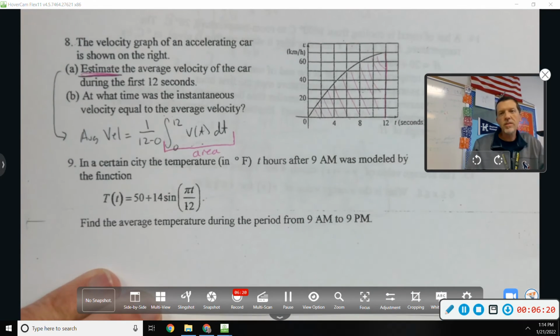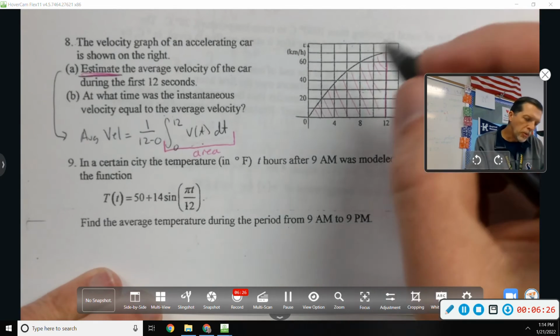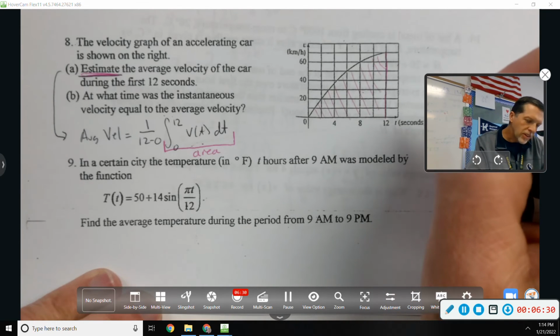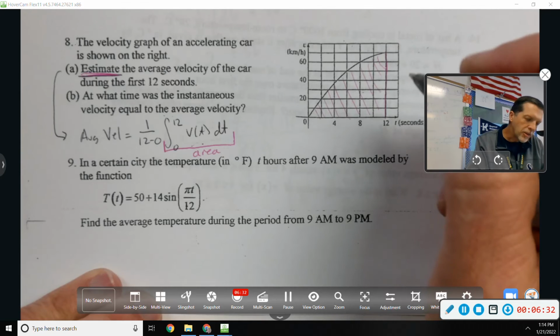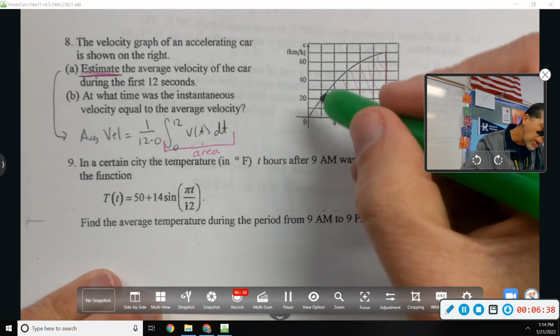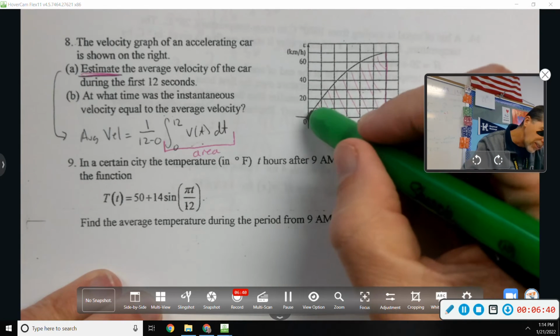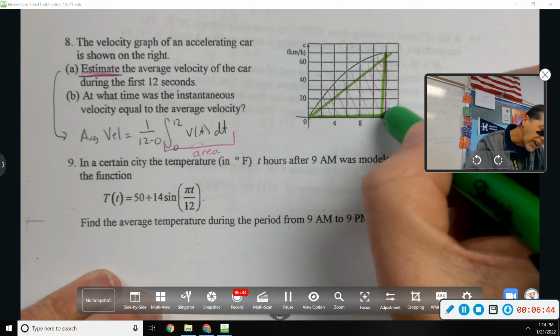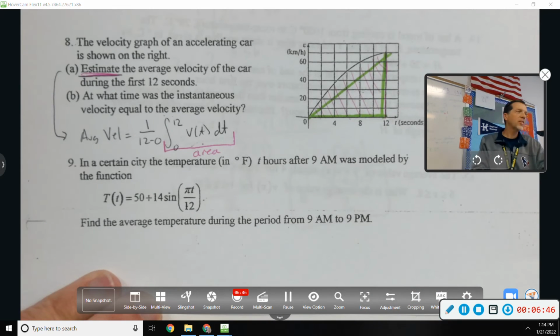So I don't know what that area is. If we wanted to be real precise, we could do a bunch of triangles and trapezoids. If we wanted to be less precise, we could do one triangle. It said estimate, so you didn't specify exactly how you wanted me to do that, so we'll just go one big triangle and call that our estimate.